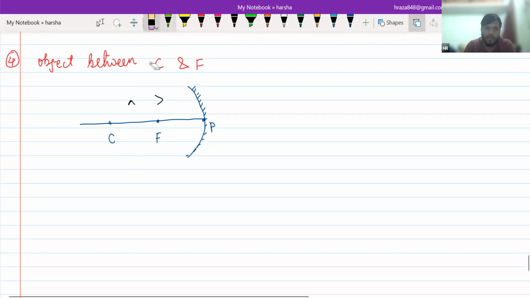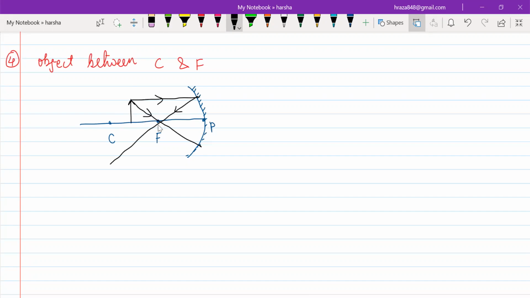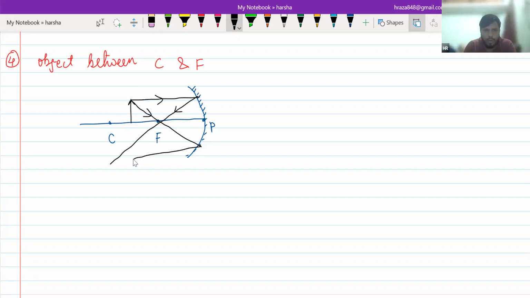This is the object; like this, it will go and pass through focus. And one of the rays will go like this, pass through focus, and go parallel to the principal axis, and the image formed will be beyond C.